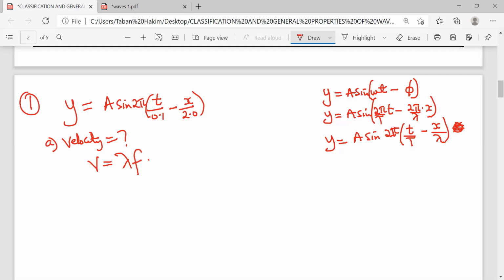When you compare these two equations, what is our wavelength? 2.0, correct, in meters. And then what is our frequency?